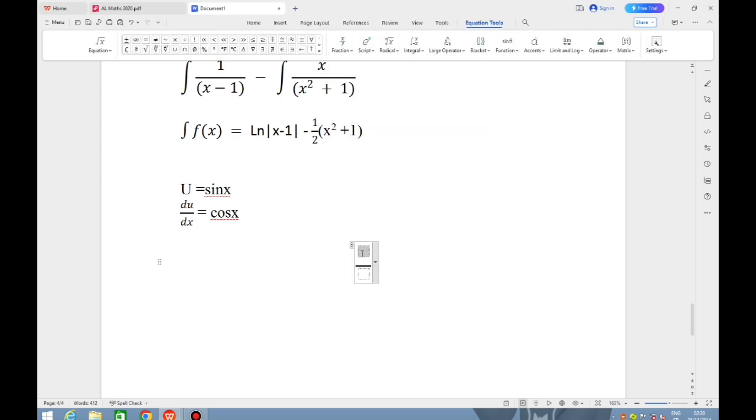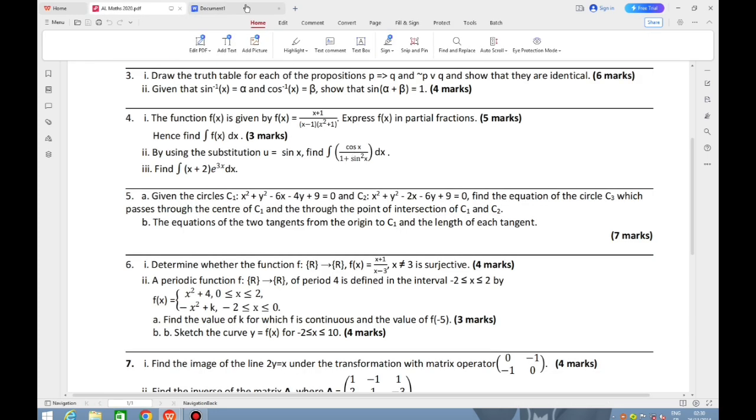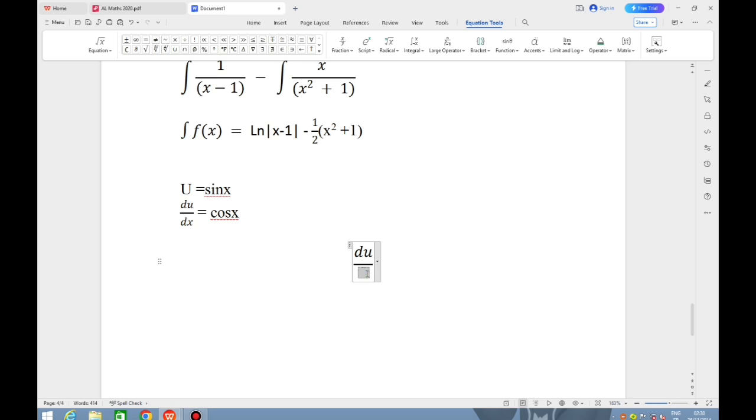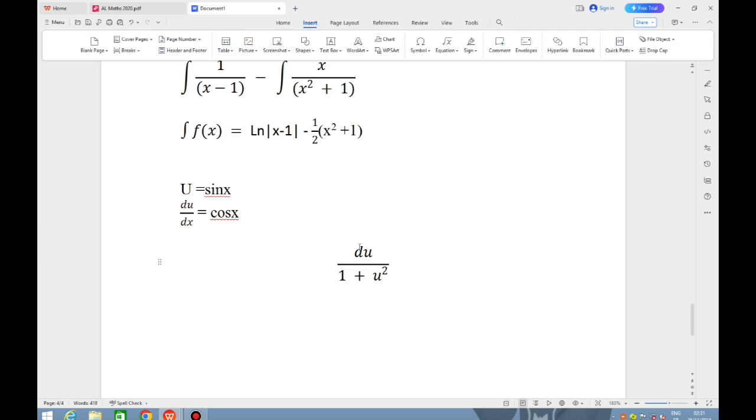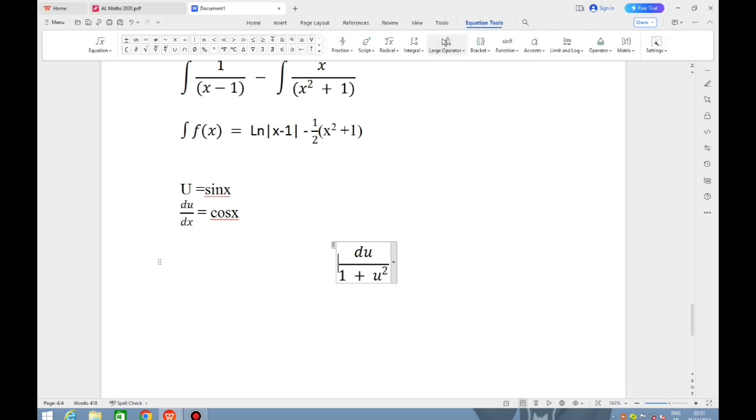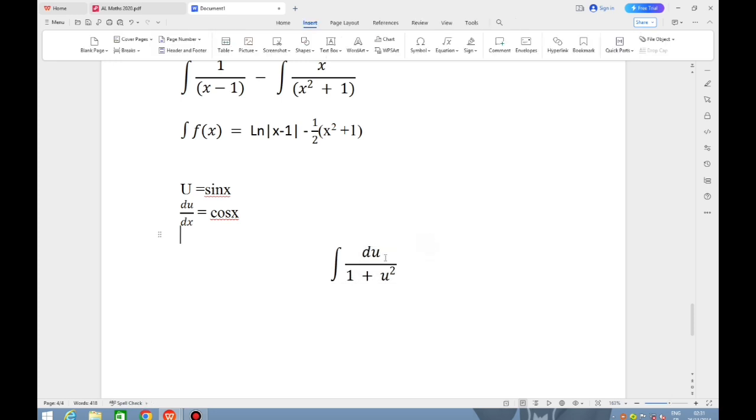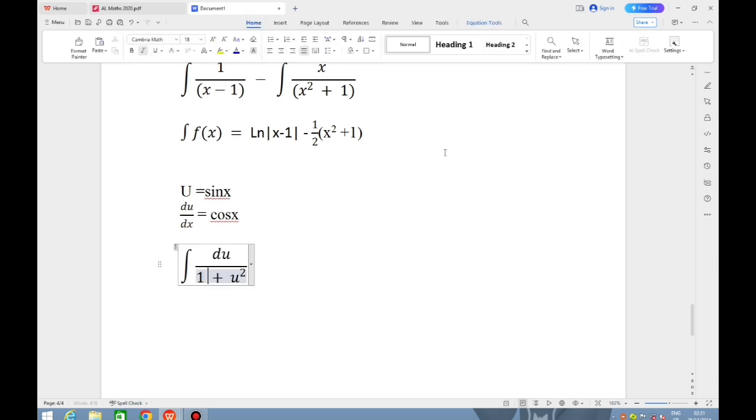That's going to leave us with du all over 1 plus sin squared x, which is 1 plus u squared. So that's what we're going to integrate now. So it's the integral of this, which by the law of integration, the integral of 1 on 1 plus x squared is simply equal to tan inverse x.